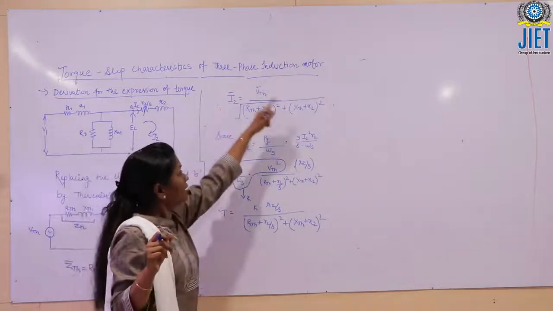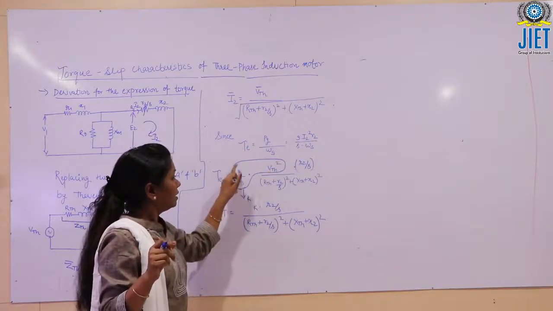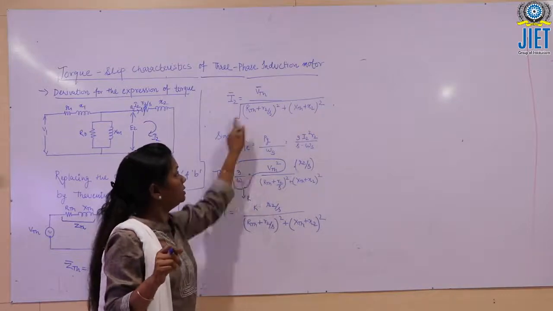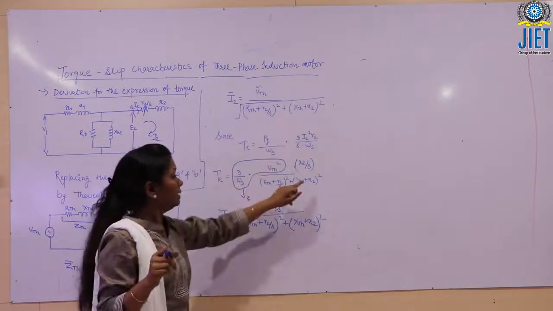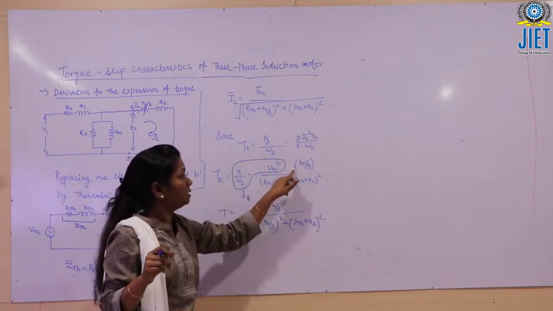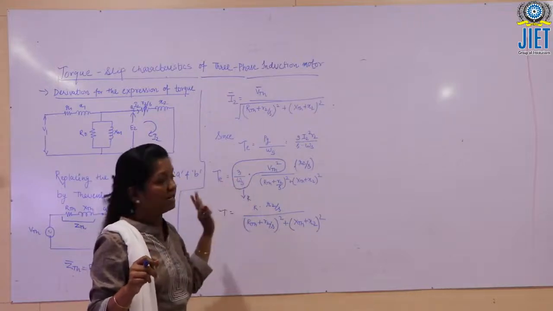This I2 is substituted here and this becomes VTH square, and in the denominator the square root has been removed, and the whole expression is multiplied by R2 by s in the numerator, with 3 by omega s kept intact.